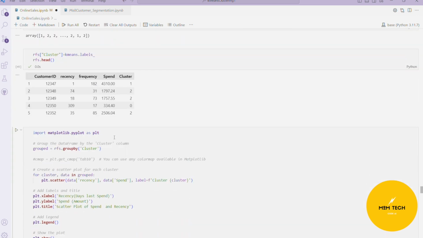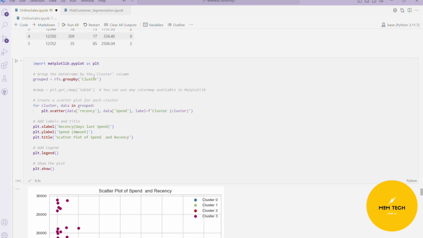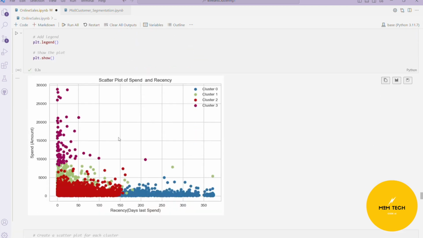So for each cluster, I wanted to view what each cluster looked like based on each feature. The first thing I did was, for recency and spend, I looked at the scatter plot, and you can already see for recency and spend, cluster 0, we have more of them here.